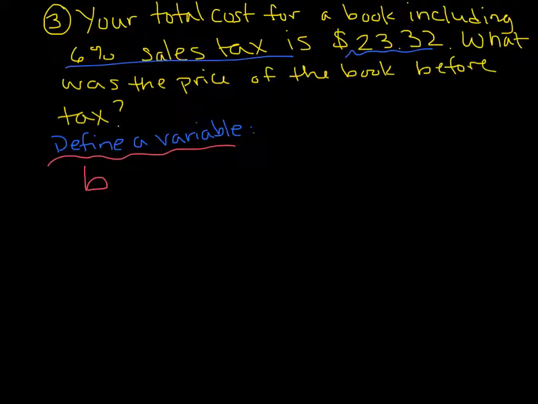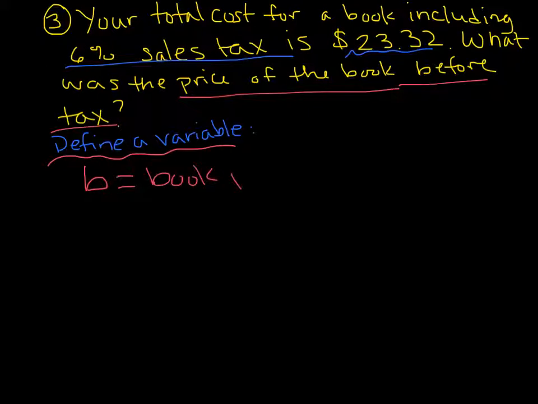They almost always end these problems with a question. In this case, they ask, what was the price of the book before tax? So I'm actually just going to write it exactly like that. B is the book price before tax. You can just restate what the question is asking.